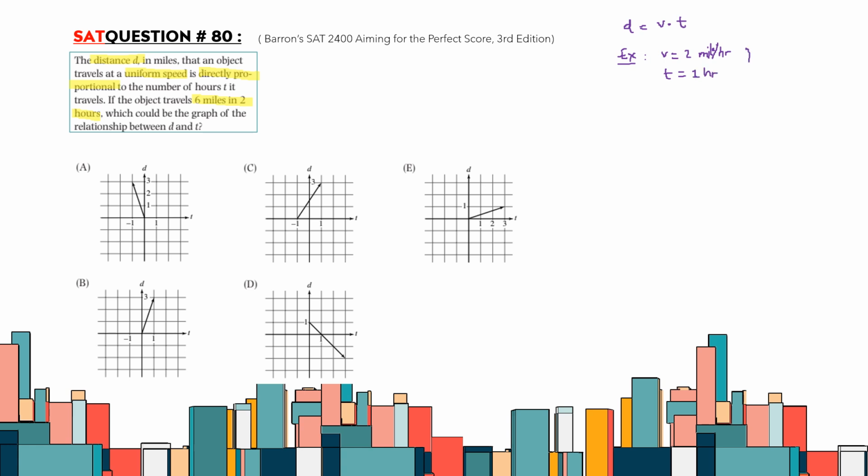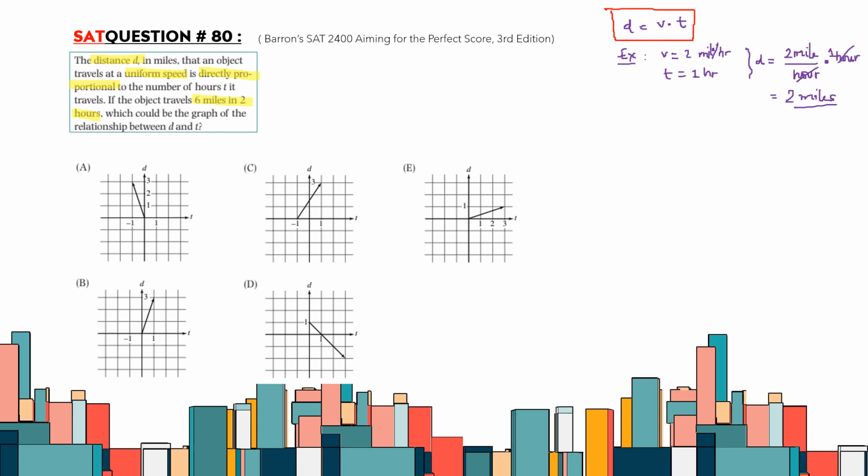So D will be equal to V, 2 miles per hour, multiplied by T, 1 hour. You cancel the hours, the unit, and you have D equals 2 miles. This is just like a physics problem, we review it at the same time.